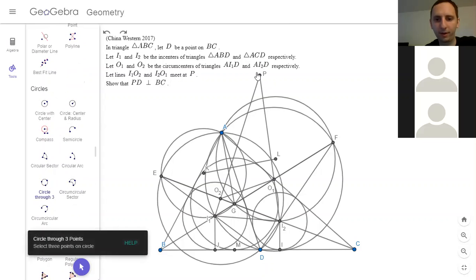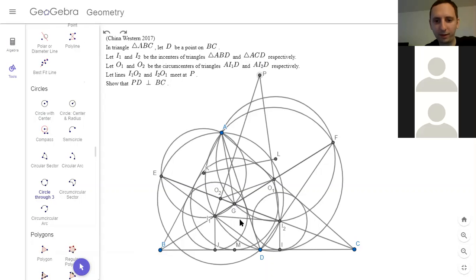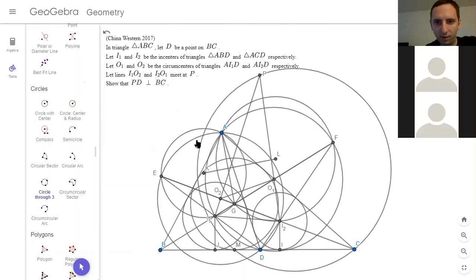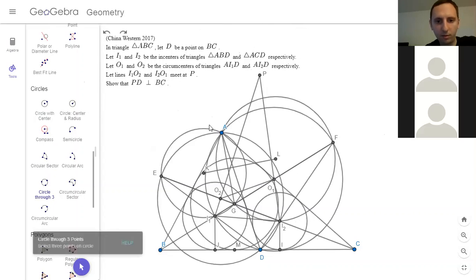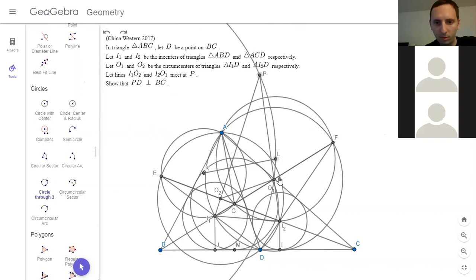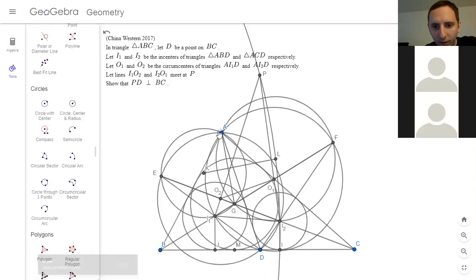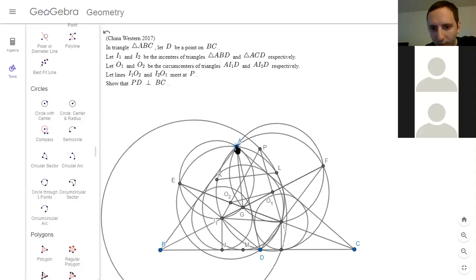I'm almost determined to... You know, is P L I2 I cyclic? Or maybe that's just a coincidence. That would be really nice if that were true. No, it's not true.